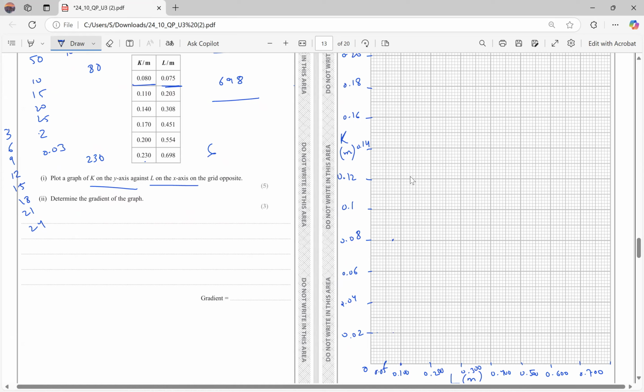That would be very close to 0.2, just on the right side of it, right next to it. And the other point is 0.11.